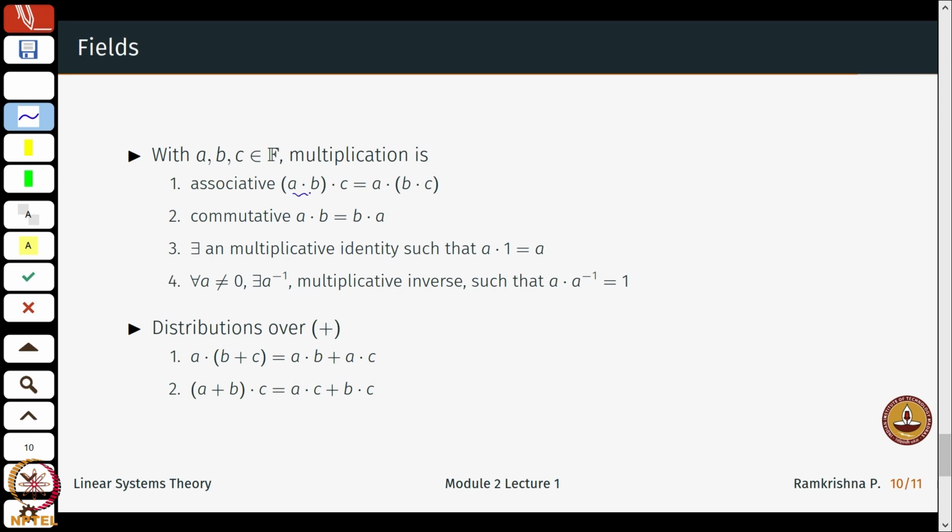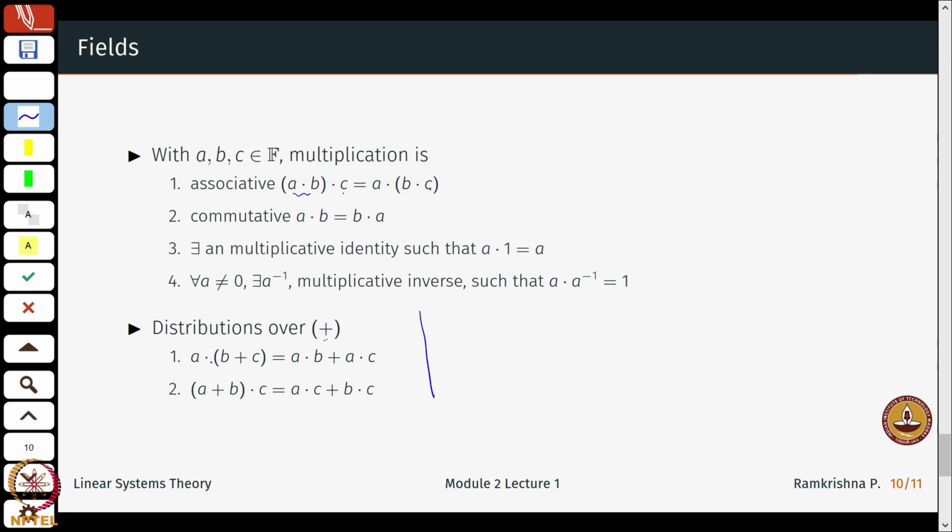Similarly, we have rules associated with multiplication. Same associative property: a times b, if you multiply these two first and multiply by c, is the same as first multiplying b with c and then a. Commutative: a times b is b times a. There will always be a multiplicative identity, which a times 1 will always give me a. There will be a multiplicative inverse and so on. The last interesting property is the distributivity over the additive property.